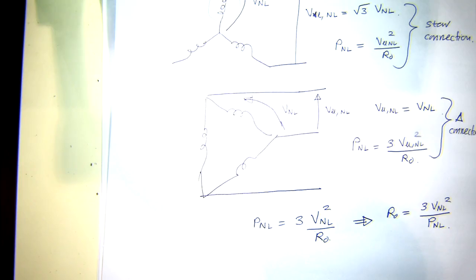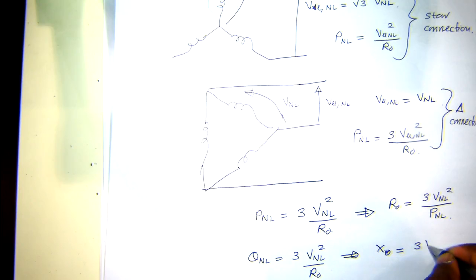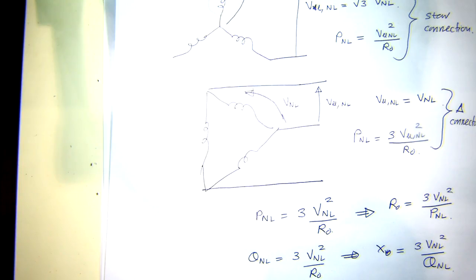We can write the Q no load as 3 times V no load squared over X m, and then we can figure out the magnetizing reactance as 3 times V no load squared over Q no load. Determining Q with the voltage and the current you feed into the machine, you can determine the reactive power.